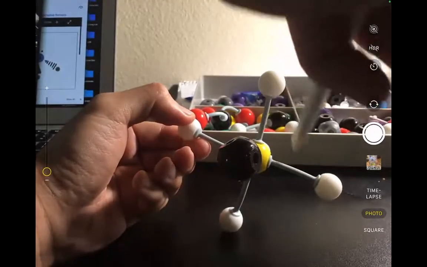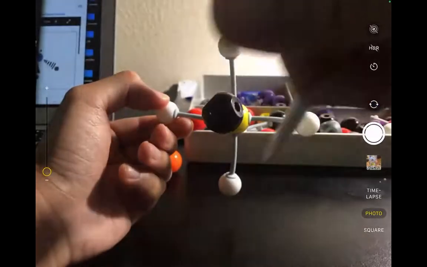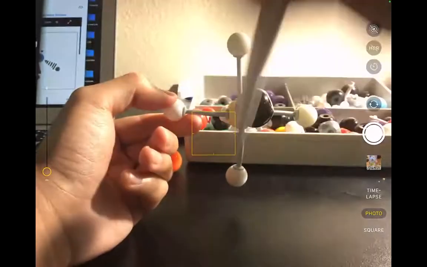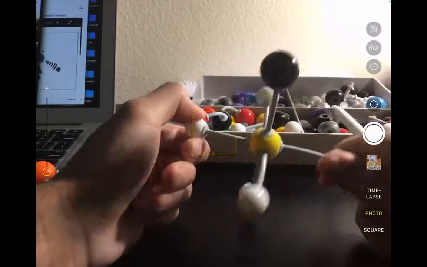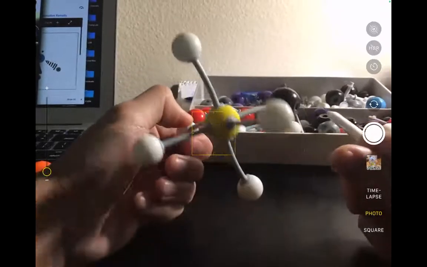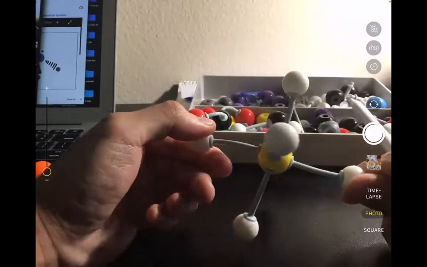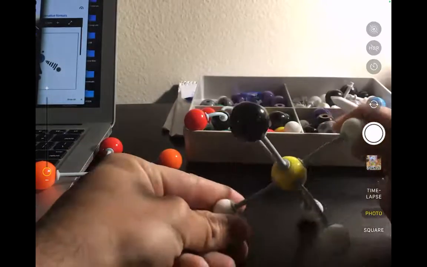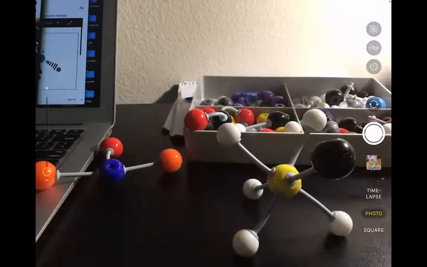It doesn't matter how you rotate this octahedron, the bond angle is 90 degrees all the way throughout.